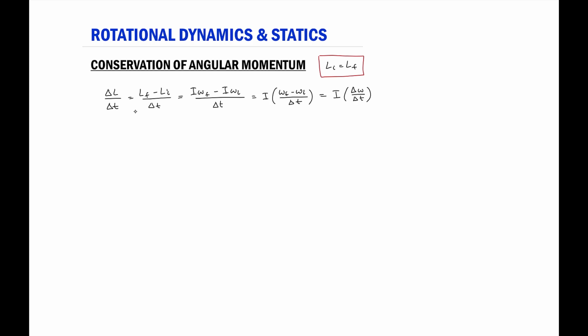That's just angular acceleration. So delta L over delta T is simply equal to I times alpha. And what else is special about this that we've seen before? I times alpha is also equal to the net torque. So that means net torque is equal to delta L over delta T.